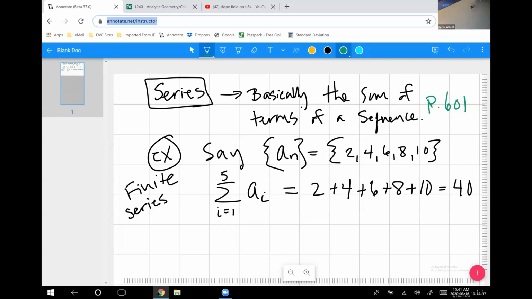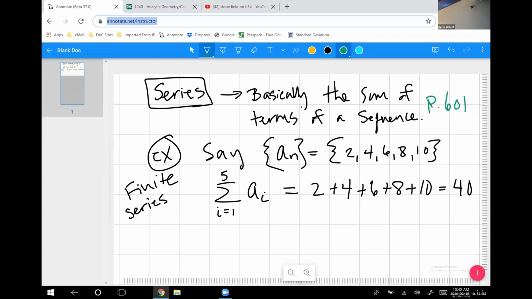Okay, so again, we want to have some notation of some sort. So we typically use the lowercase a or b or c to represent terms for a sequence and things like that.